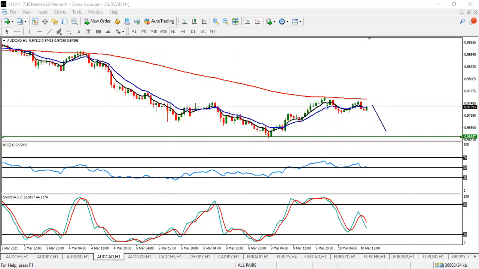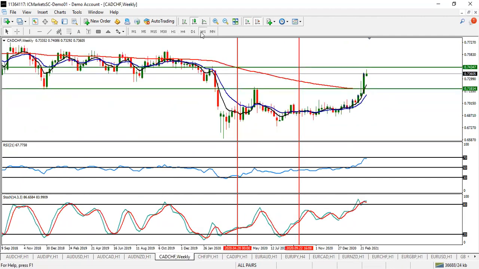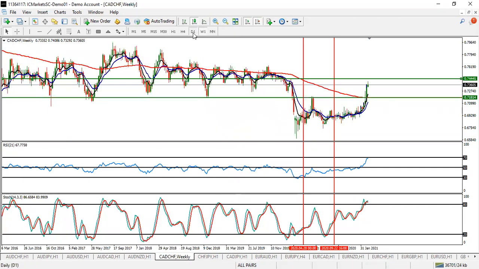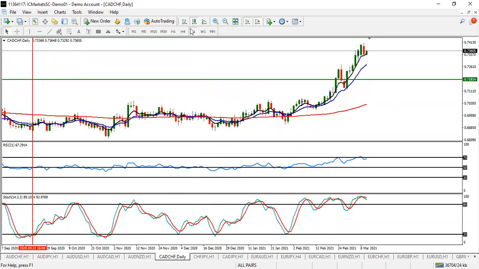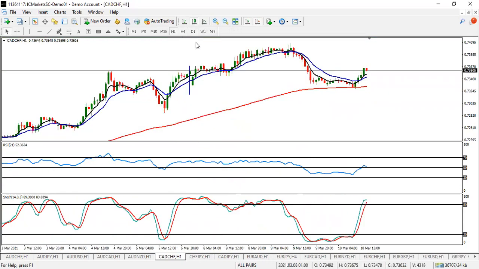The next thing I'll be talking about is USD Swiss Franc. USD Swiss Franc has not yet touched the resistance level on the weekly time frame. So we still expect this to push up a little bit more between now and Friday. So USD Swiss Franc, look for a buy. The cross has already happened right here.